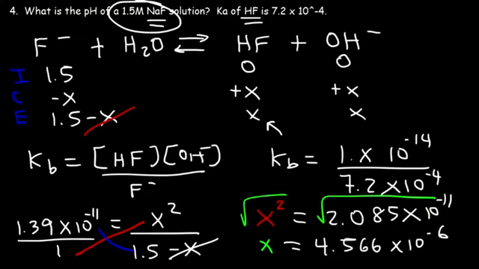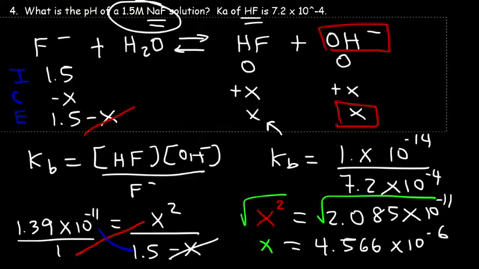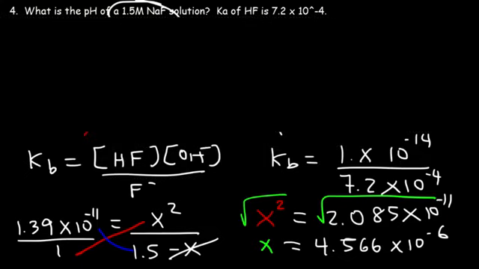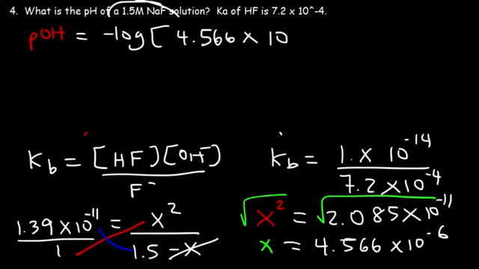Now keep in mind that X is equal to the hydroxide concentration. So we could find the pOH, and then we could find the pH of the solution. So the pOH is equal to negative log of the hydroxide concentration, which is this number. Notice that you see a 6 here. The pOH is going to be somewhere between 5 and 6.